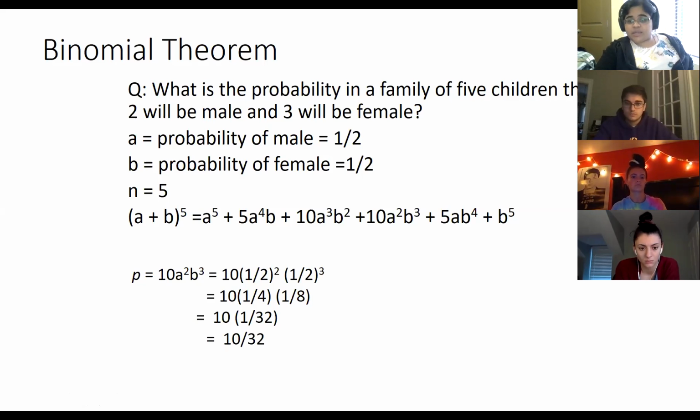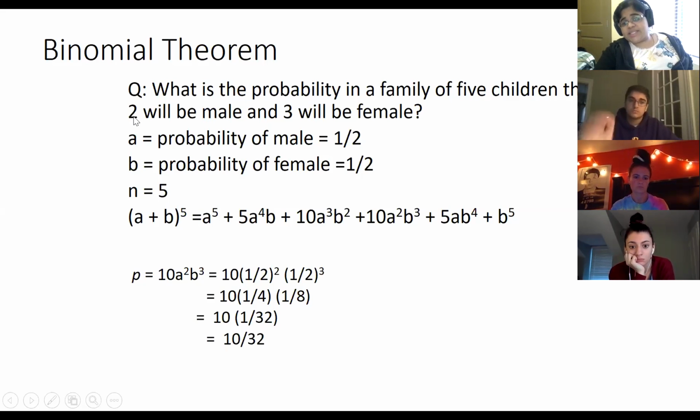Then we need to find a plus b to the 5th power, so we go back to whatever that expanded version was and write it down. Then the 2 and the 3 become our exponents for these terms.